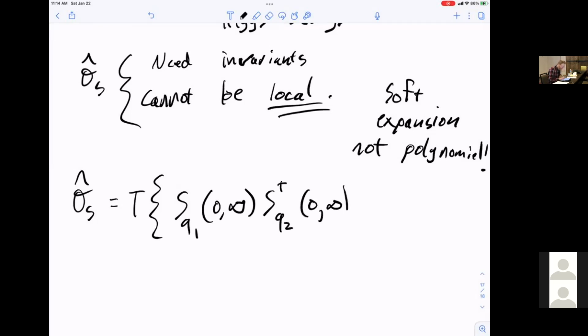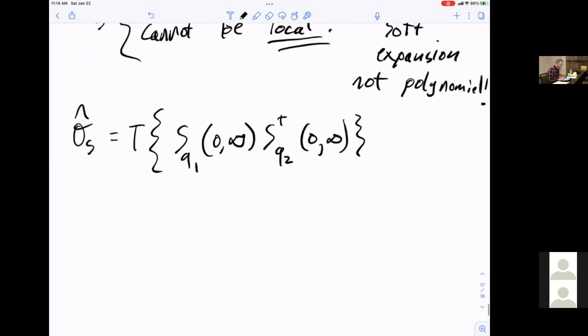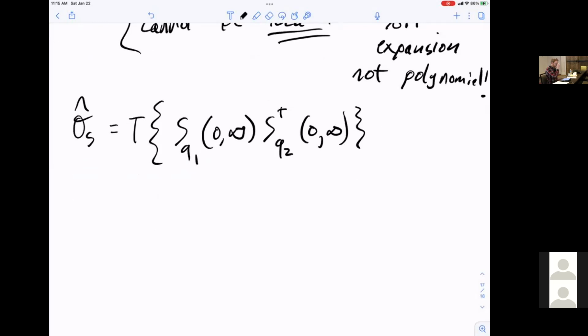And technically, since these guys are in the adjoint, I don't think I can put it back, but I'll put it there. Now, these are my Wilson lines. They're meeting at the point 0. And they're traveling out, in the direction of my two jets.